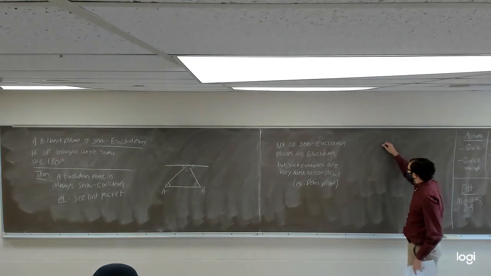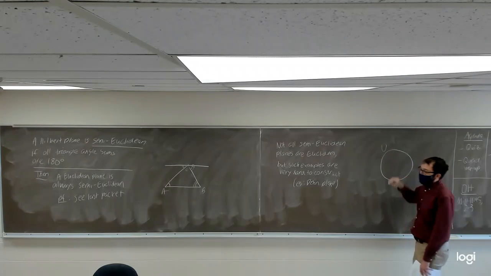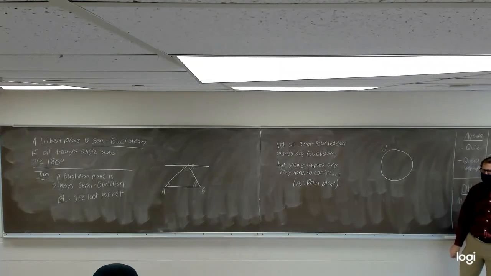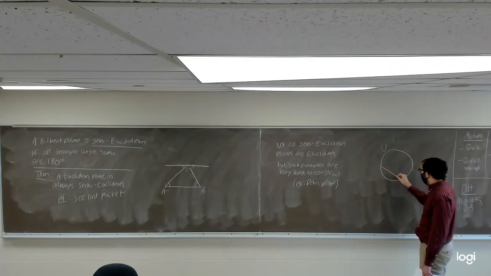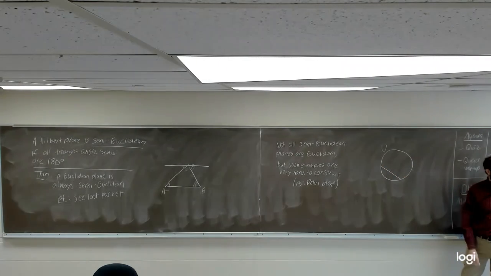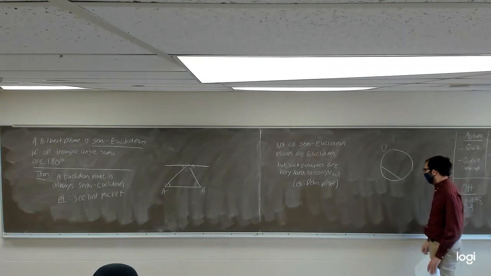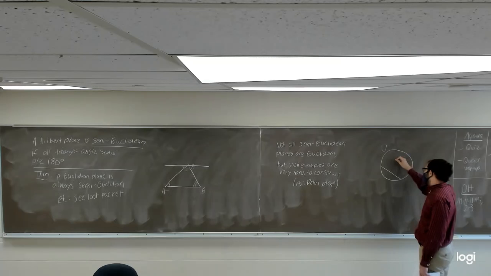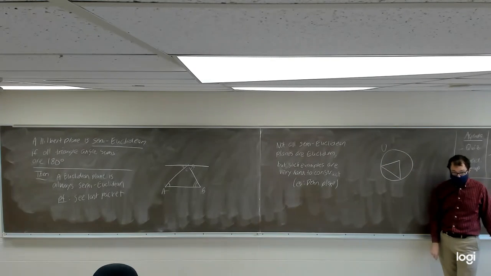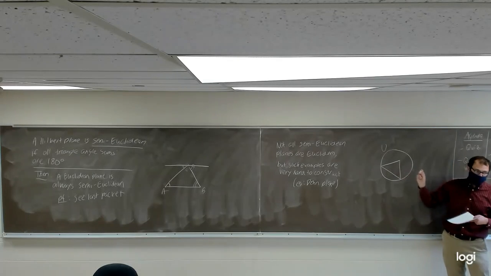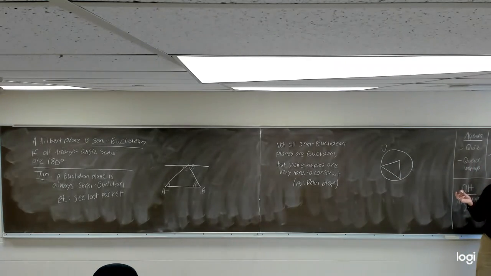What about U? If you remember, U was the model where it's not the Poincare disk, but all points are inside the unit disk, and lines are just the usual R2 lines, except we cut them off to be inside the circle. And we saw that it actually has 180 degree triangle angle sums, because a triangle in U is just the exact same as a triangle in R2.